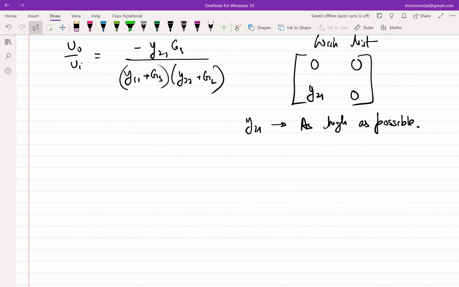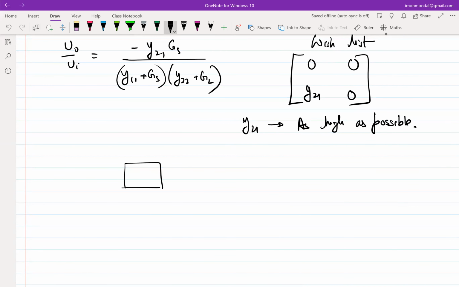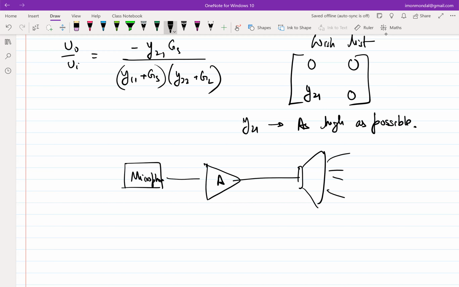By the way, an example that I normally give while talking about feedback and oscillation, a classic example that can be demonstrated in a classroom, is that of a microphone and a speaker. So if you have a microphone and a speaker, and in between you have an amplifier, right? This we established earlier. If this network is supposed to be unilateral, then I'm speaking into the microphone, the signal is flowing and getting amplified.